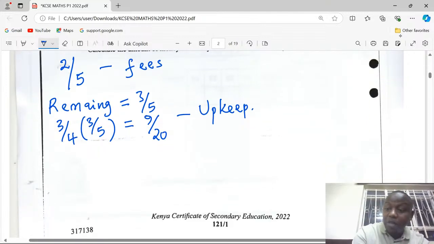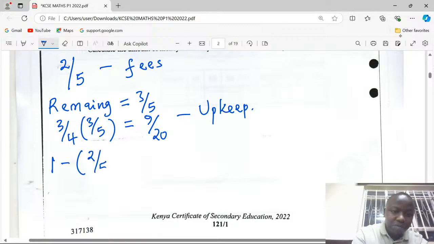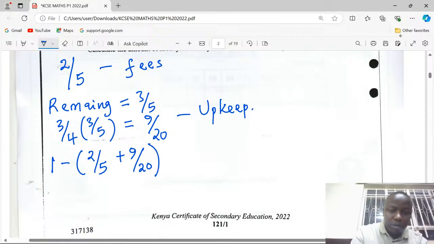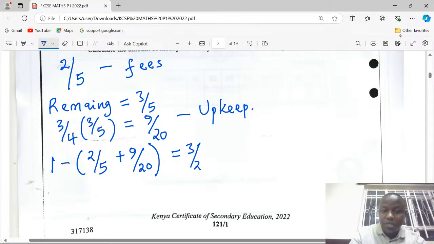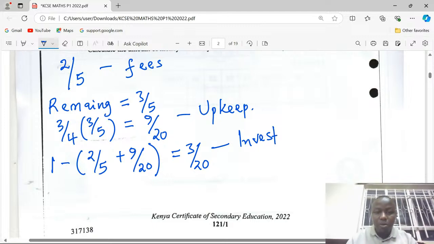This means from the whole fraction of the salary, when we subtract what has been spent on fees and what will be spent on the upkeep, we are getting a fraction which is equivalent to 3/20. This is the fraction which goes to investment. So 3/20 of the salary, or of the monthly income, is going to be invested.